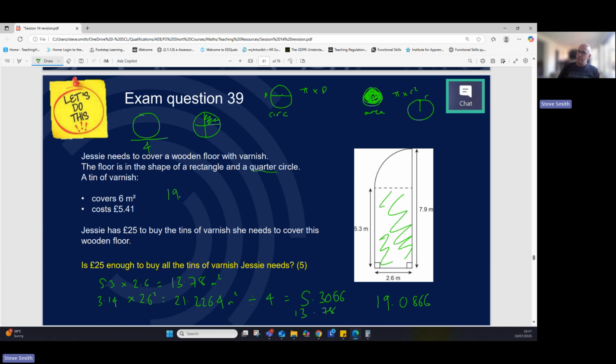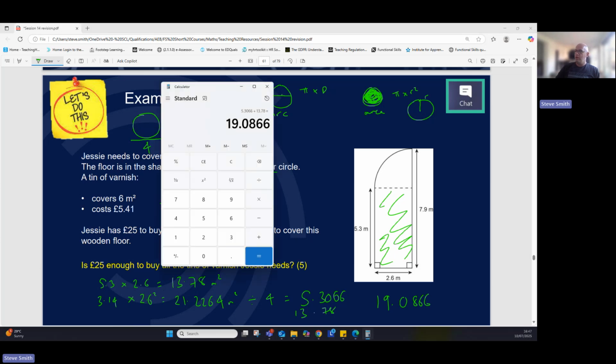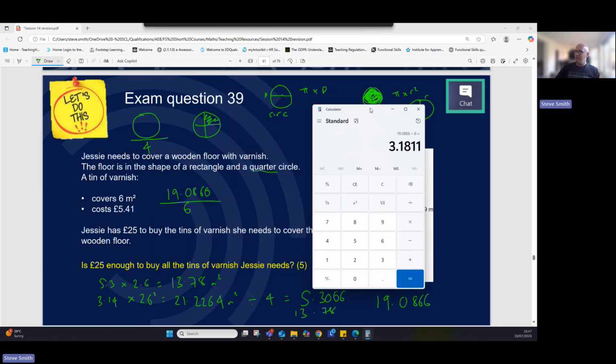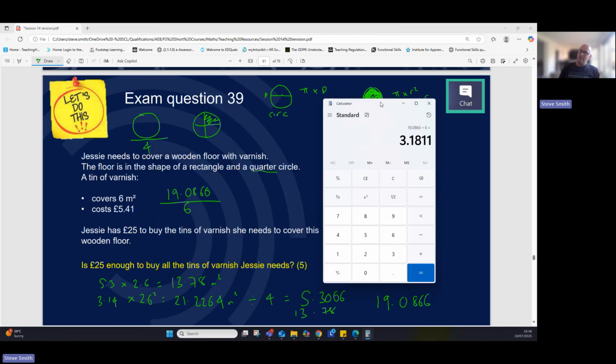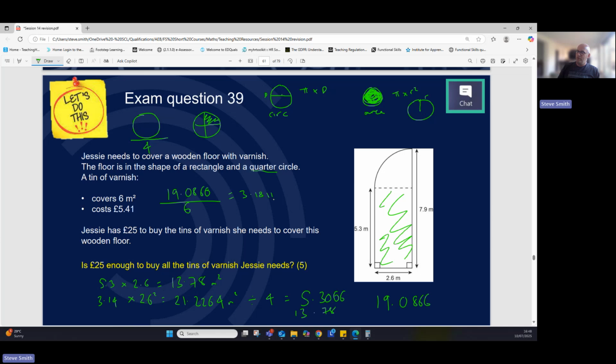With that number now, we can then look at the tins. So we've got 19.0866 total coverage divided by how much each tin covers, 6. So we divide it by 6 for tins, and we need 3.1811 tins.